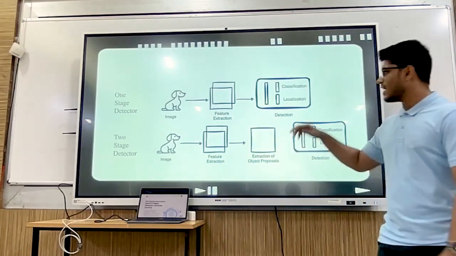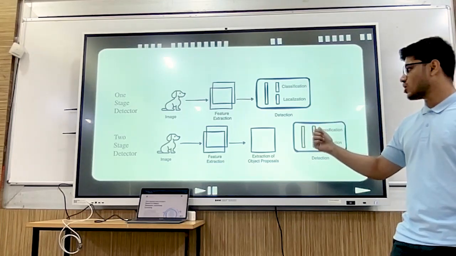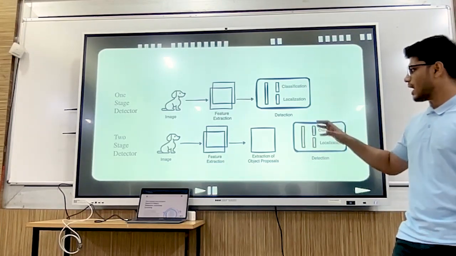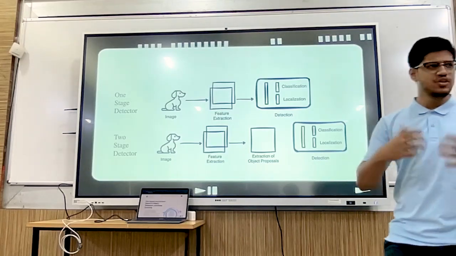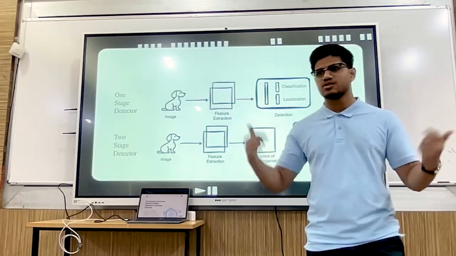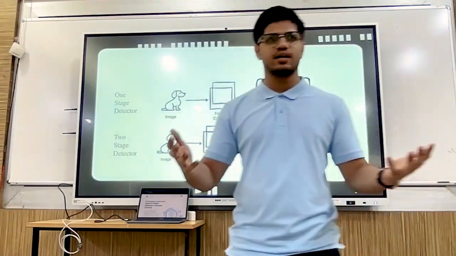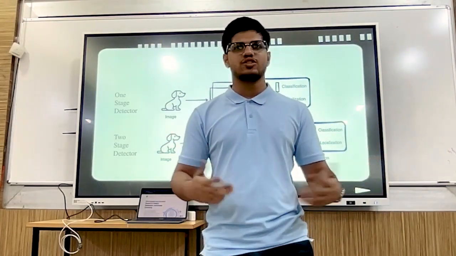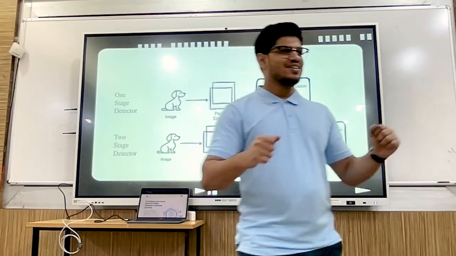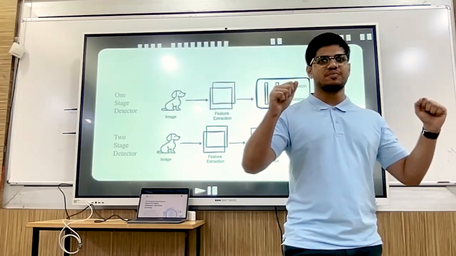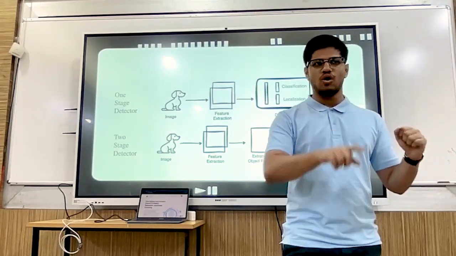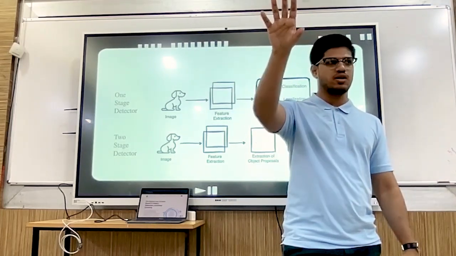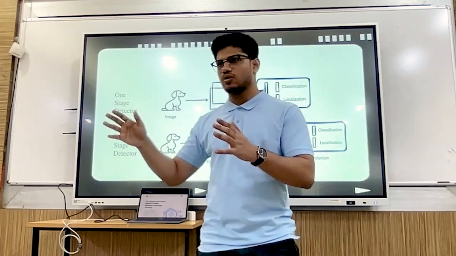Now we can go to two-stage object detectors, where the same thing happens, but there's an initial set of region proposals. So whatever you're seeing right now, me standing here talking to you about one stage, two stage, boring stuff, your mind is drawing a sort of box and saying, okay, I need to focus on him, I need to focus on the blackboard, right?